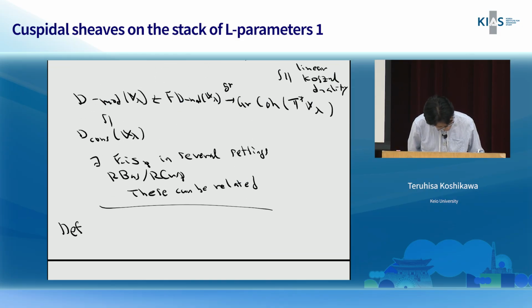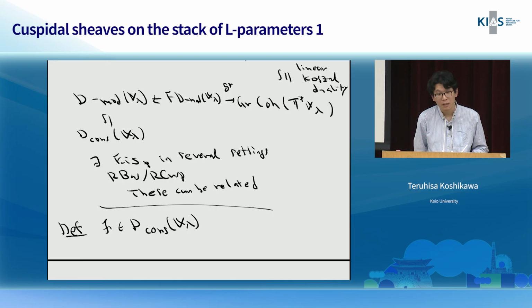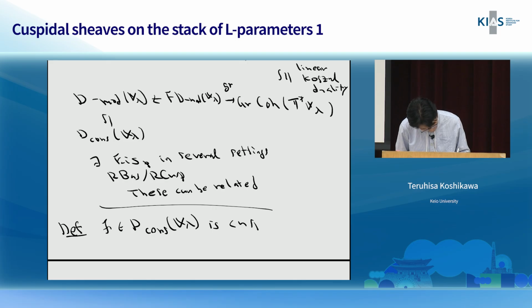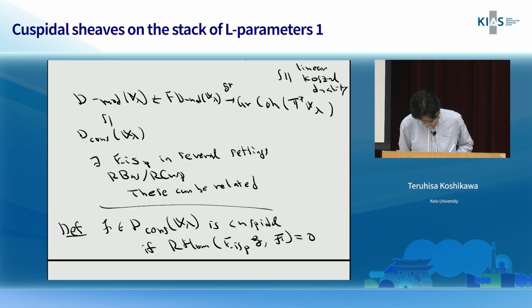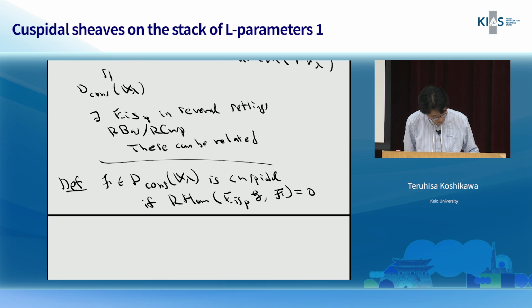So definition. Now F is a constructible sheaf on the Bun_G stack, and this is cuspidal if the map from Eisenstein series vanishes, and here P is a parabolic, but actually, I guess there was an earlier question.